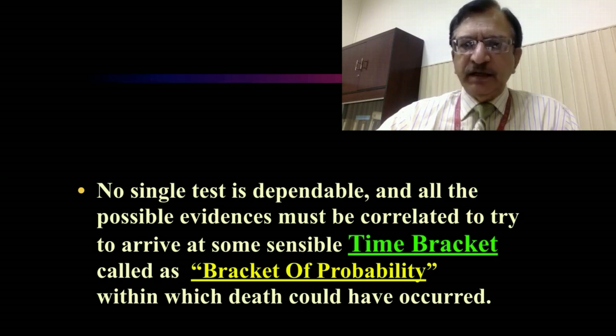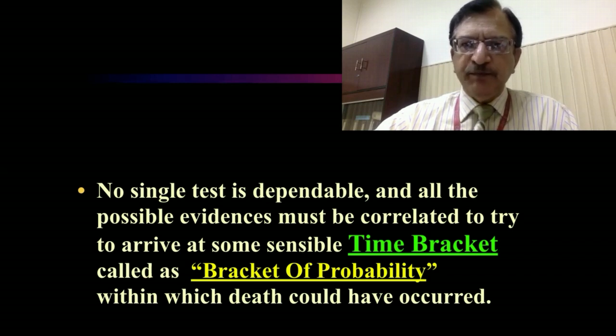We cannot tell that this person stopped breathing at exactly 2 hours, 10 seconds, and 20 minutes, like that. But we give a probable bracket. As we know, these changes appear in a chronological order, and we give that bracket. They help the police to fit in that bracket if possible.